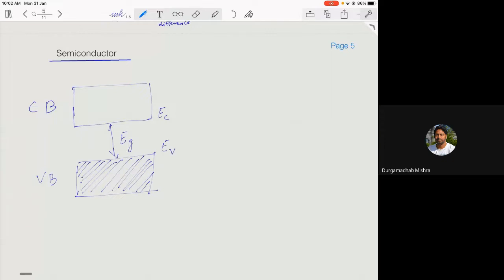That is how a semiconductor is normally defined when we consider the band structure. But this is the situation when T equals 0 Kelvin.